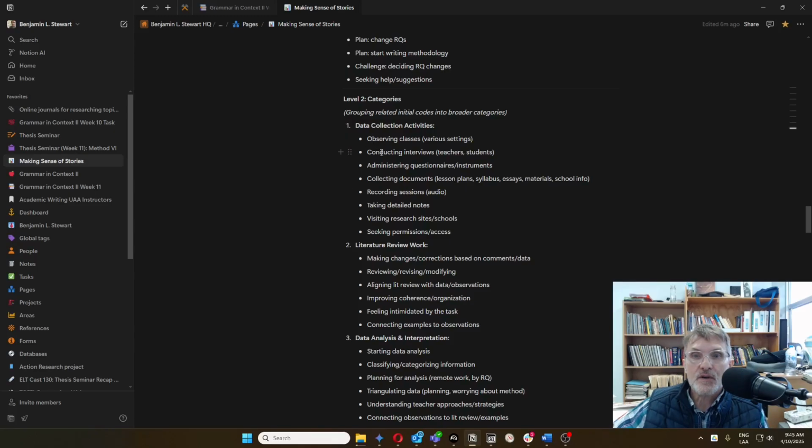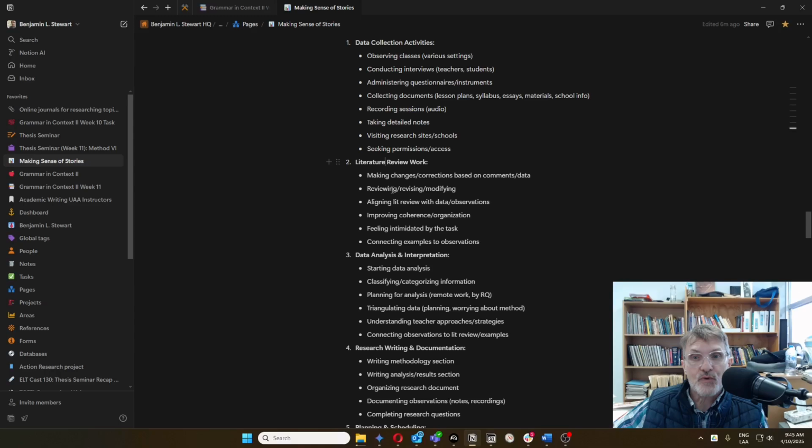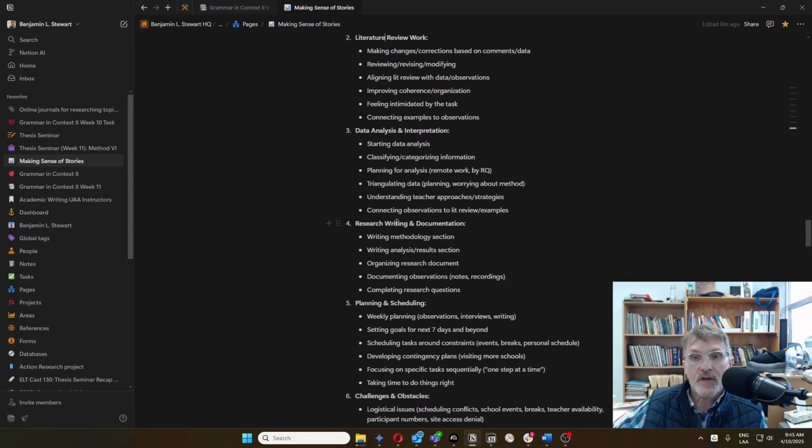These are the initial codes. I mean, I didn't do this. Generative AI generated this. But you can see here that it's grouped the initial codes into categories. Again, it's just another label, and it should represent those more specific codes that were generated from the level 1 codes. So here are my categories.